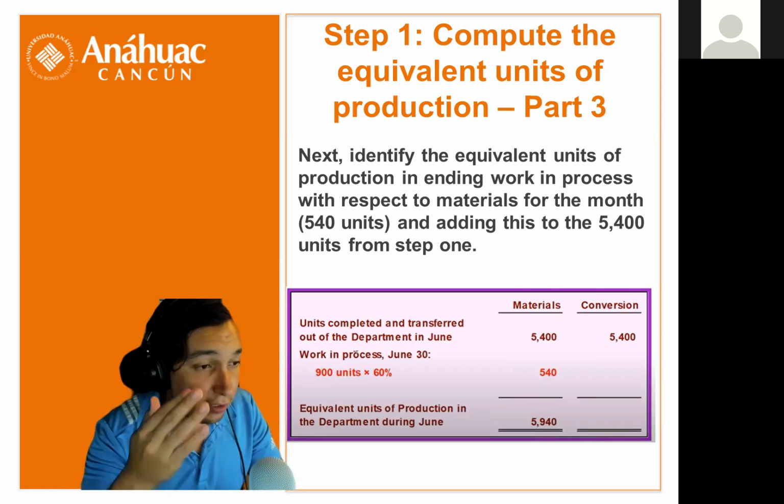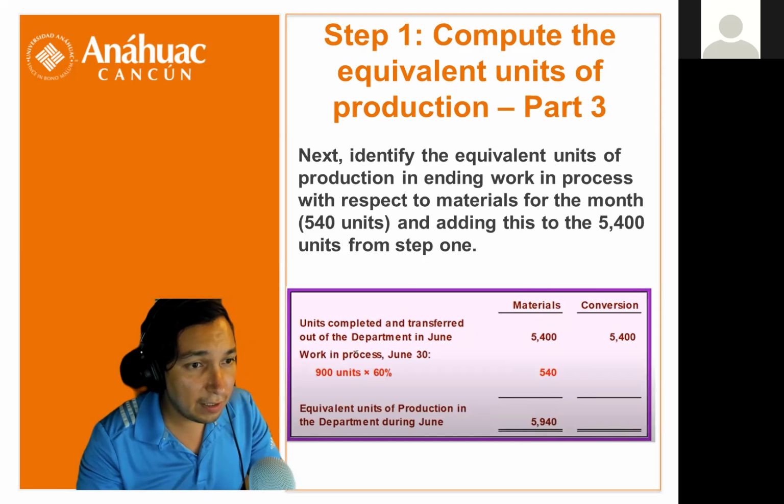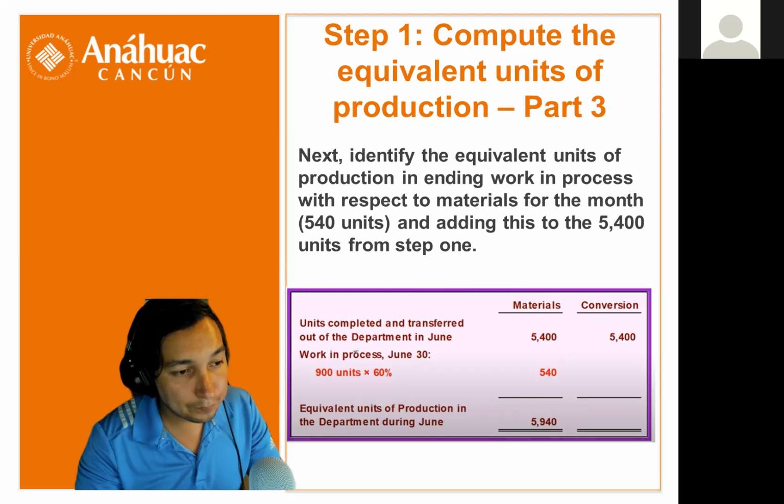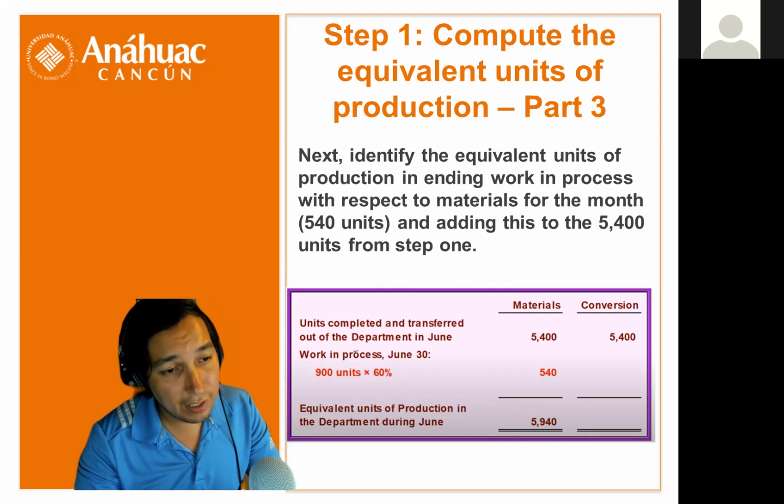We know that it's 540, and we add this to the 5,400 units from step 1. Very easy, guys. The 900 units that we had in the ending inventory, just multiply them to get the materials equivalent units.